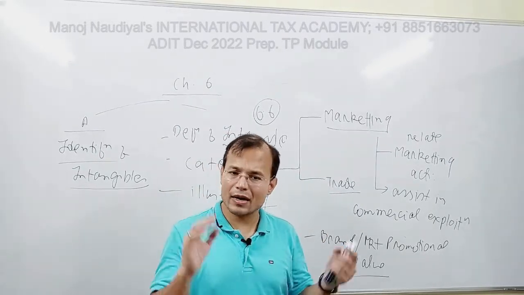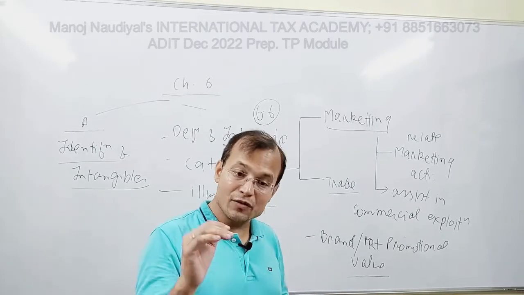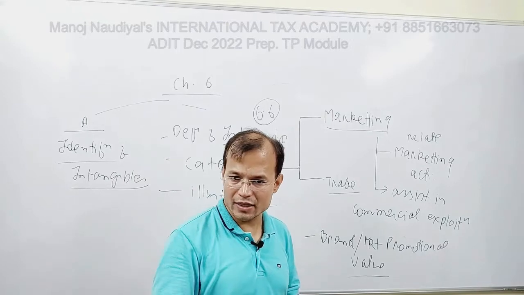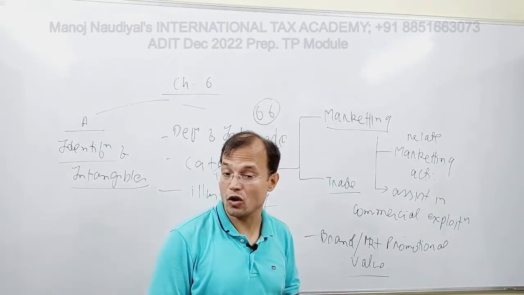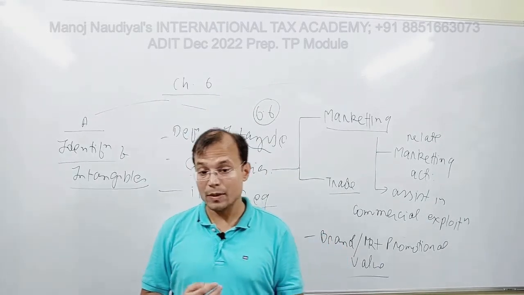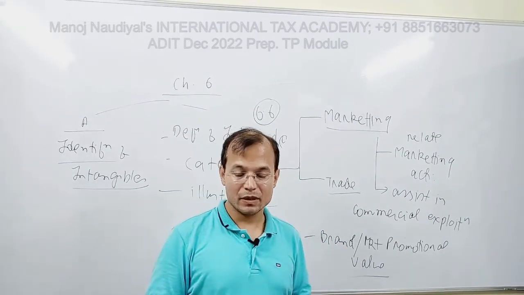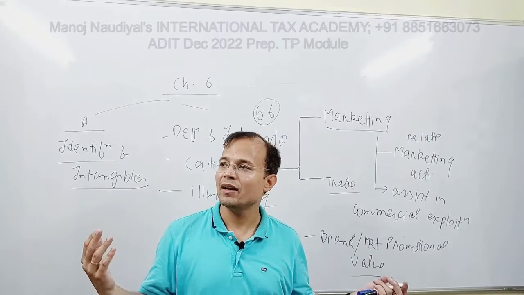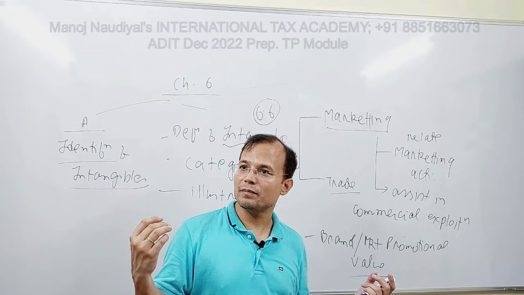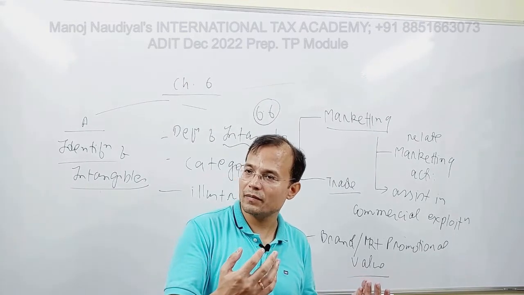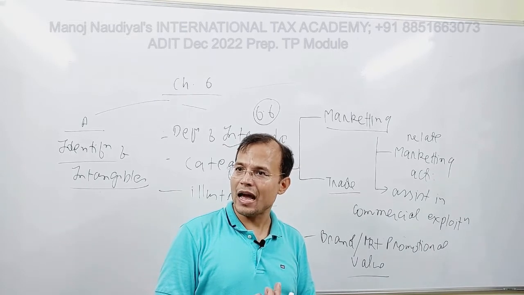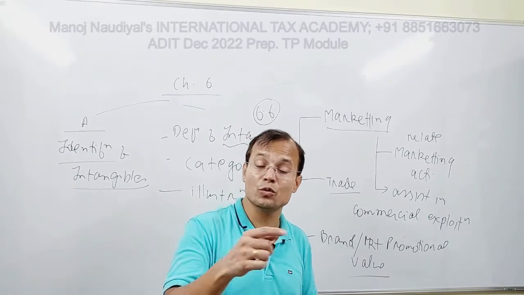Trade name and trademark. Trademarks are for products. Trade name is for the company. And Xerox. Get these three copies. Get me three Xerox copies. Xerox was the name of the company. See what has happened. People have stopped using the product name and have started taking the name of the actual service that the product used to perform.